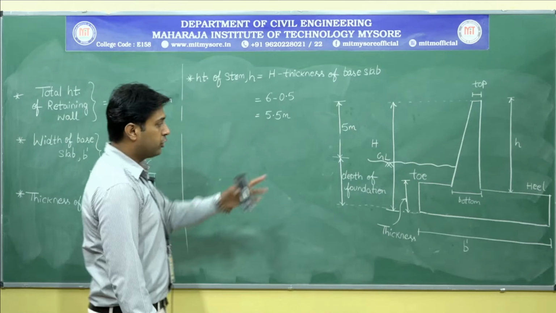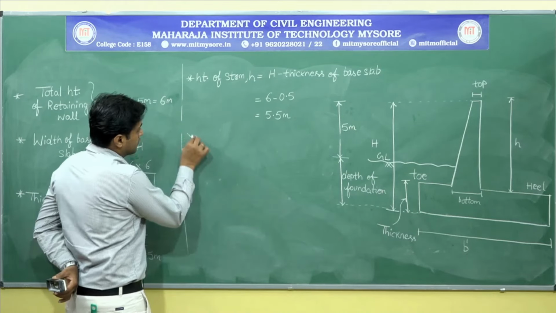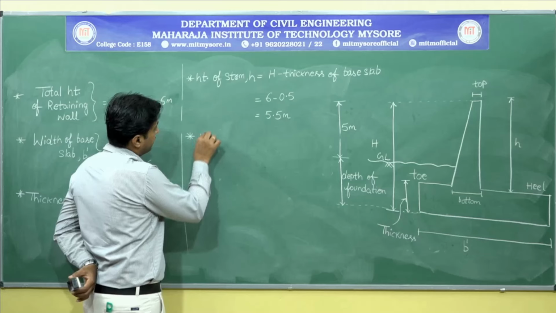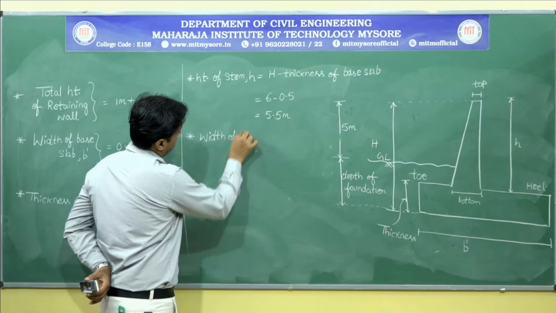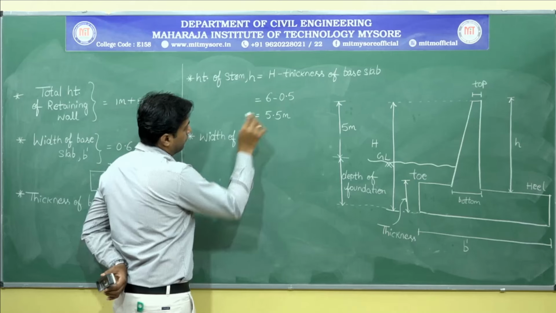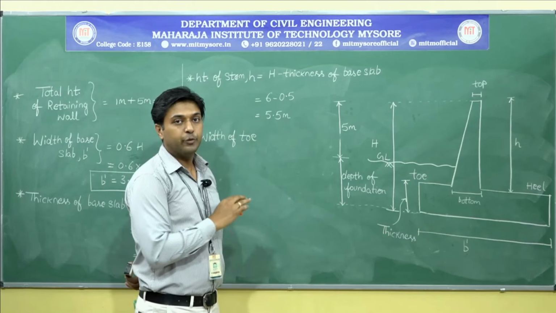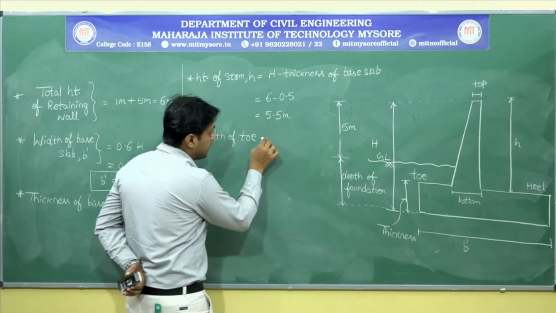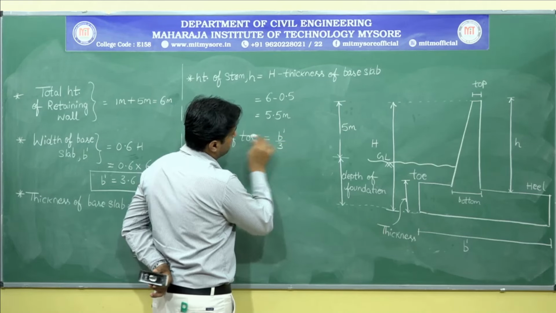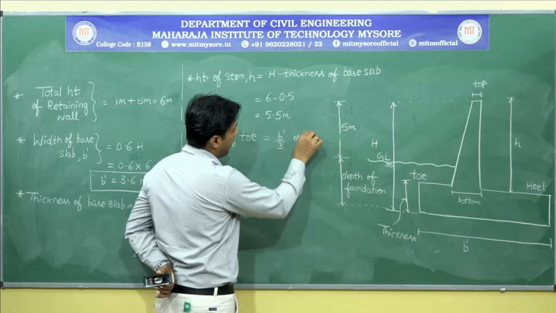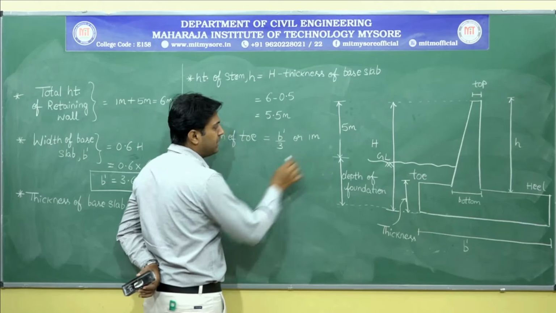Width of toe is given by B dash by 3 or 1 meter minimum.